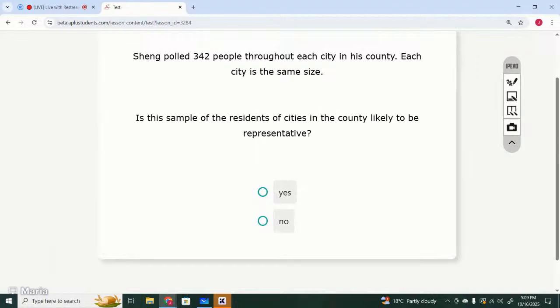Chang polled 342 people throughout each city in his country. Each city is the same size. Is this sample of the residents of the country likely to be representative?